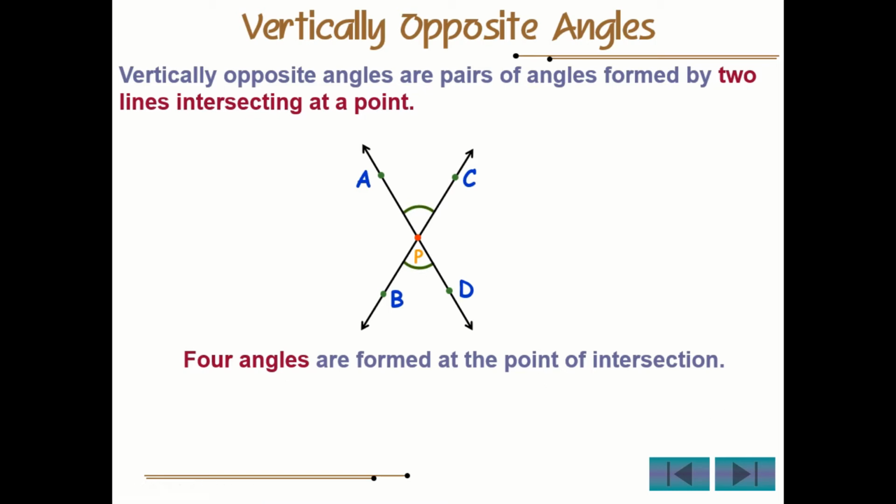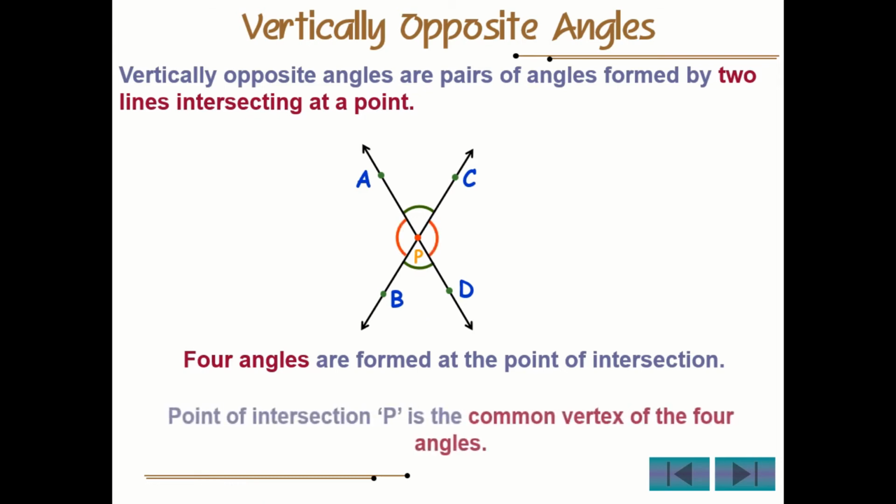Vertical angles have the same measure, and are non-adjacent angles formed by two intersecting lines. So that means point P is the common vertex of the four angles.